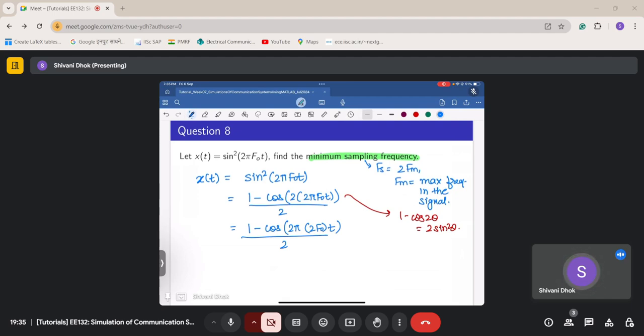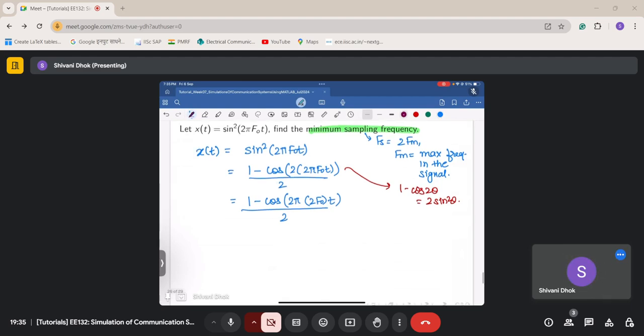If you observe carefully, this first part is a DC component, meaning zero frequency, and this part here is a single tone sinusoid with frequency 2 times f naught.